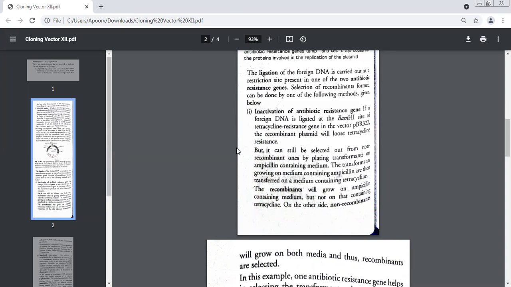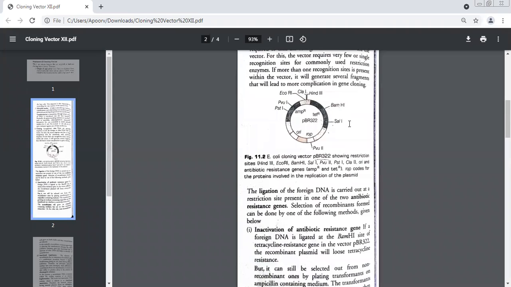Number one is inactivation of the antibiotic resistant gene. First of all, you need to make your antibiotic resistant gene inactive. See, beta, supposing you want your foreign DNA to attach at this site. Which site is this?